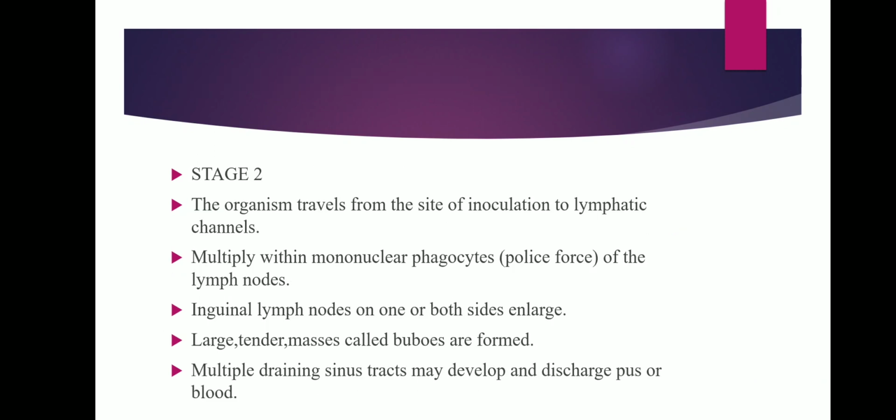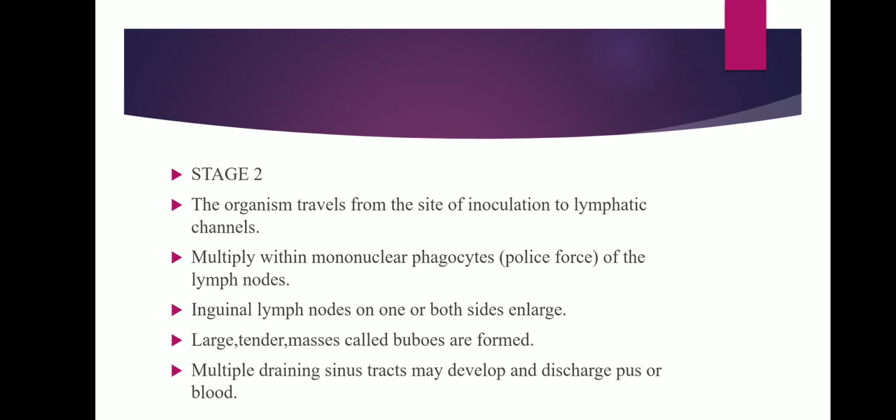In stage 2, the organism travels from the site of inoculation to the lymphatic system. The organism starts to multiply in the mononuclear phagocytes of the lymph nodes. The inguinal lymph nodes, which are the lymph nodes present at the sides of the thigh, start to enlarge.